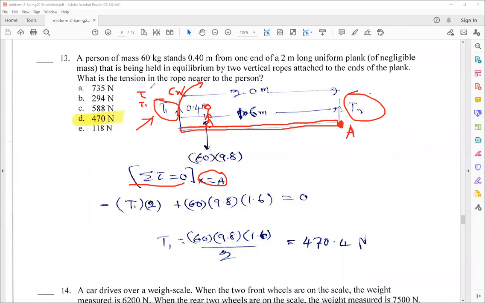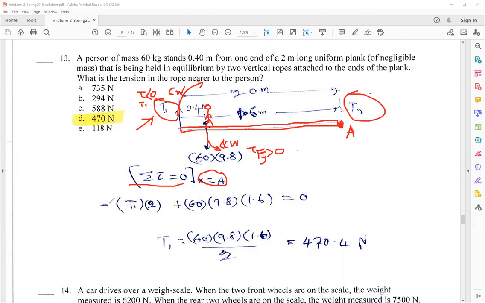So let's fix it. Torque is negative because it's clockwise. Now for the standing man, here it's going to be counterclockwise. That's the CCW here. So torque Fg will be positive.